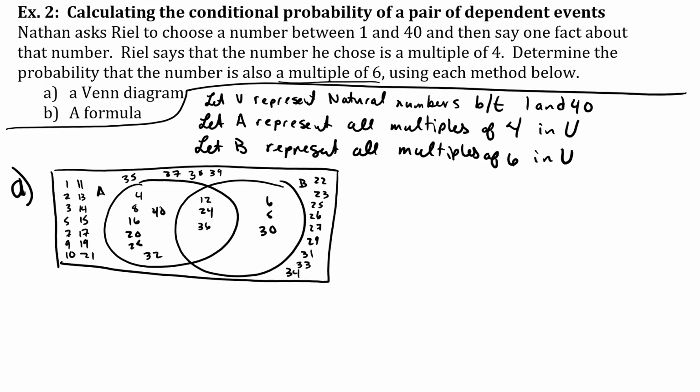Okay, so the question is, determine the probability that the number is also a multiple of 6. The way that we would do this is we would say, how many multiples of 4 do we have? 1, 2, 3, 4, 5, 6, 7, 8, 9, 10. So we have 10 multiples of 4.